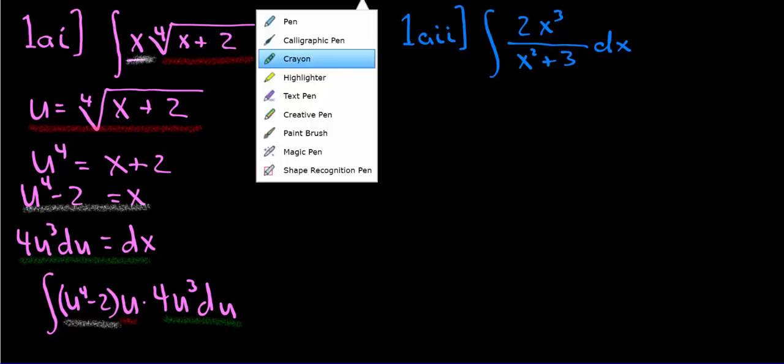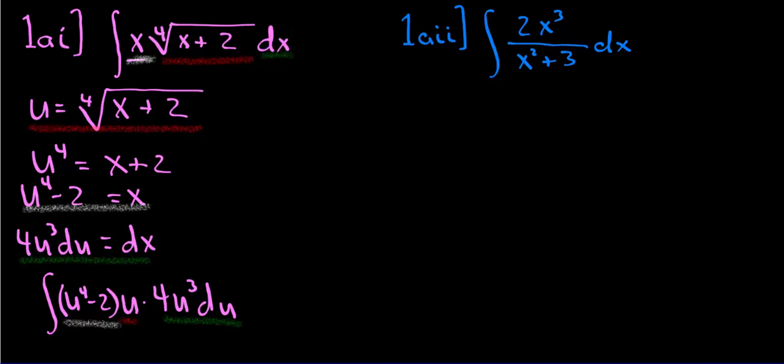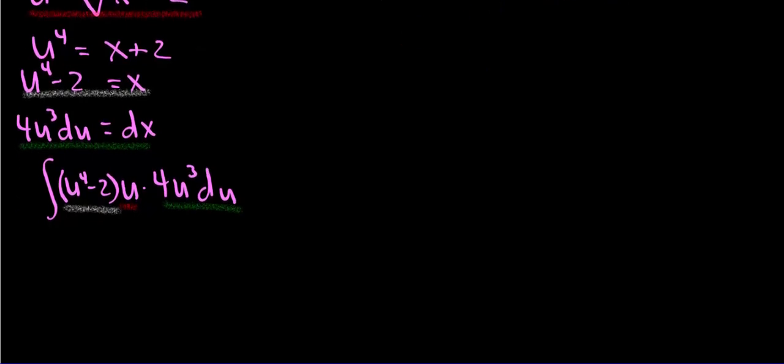So we've got everything covered with this, and nothing's left to do but simplify a little bit. We've got 4, and then we've got u to the eighth minus 2u to the fourth du.